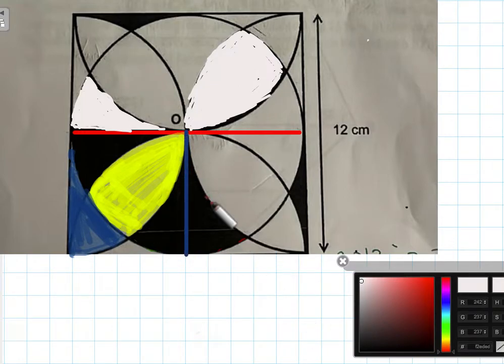So the best choice will be to move this area, which I've colored green, over to here. Once I move it over, you can see it becomes like that.